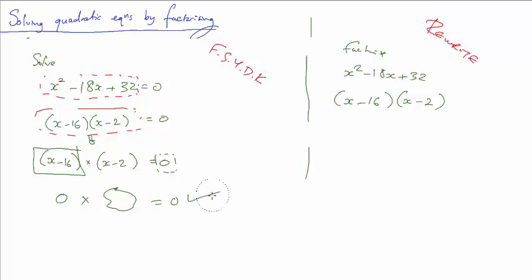If this was equal to 2, I can't make this equal to 2, because it matters what the other one equals: 2 times something changes depending on that something. But 0 is beautiful like that. It doesn't matter what the other thing is, it stays 0. That's why it's essential you make the other side equal to 0.